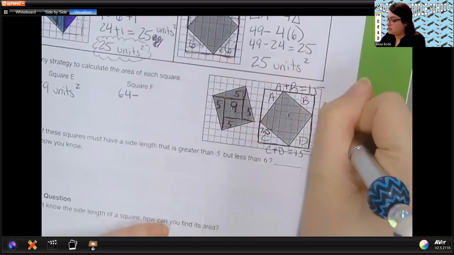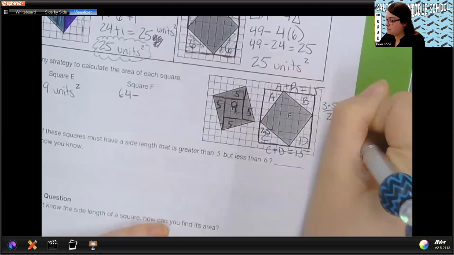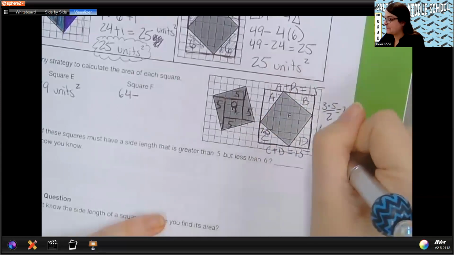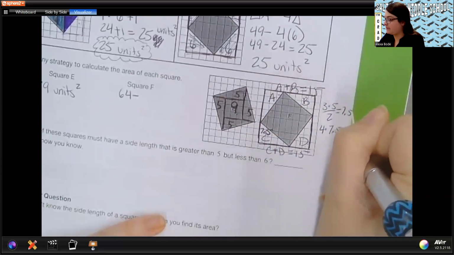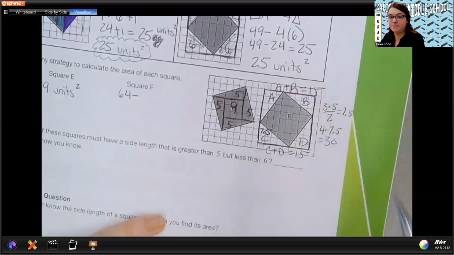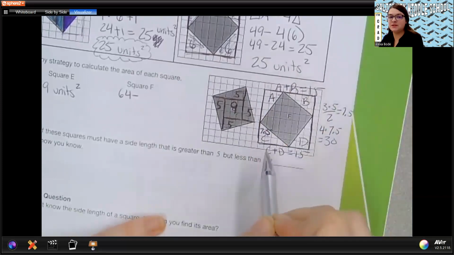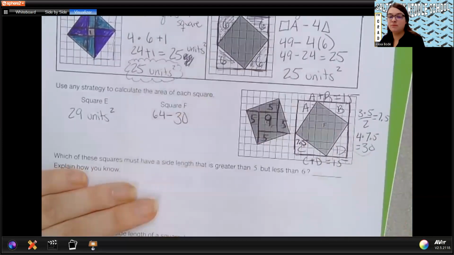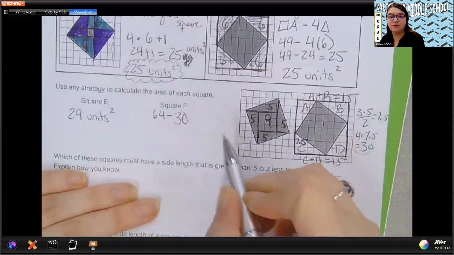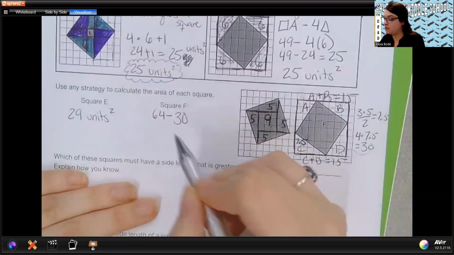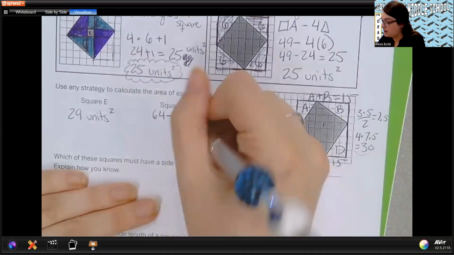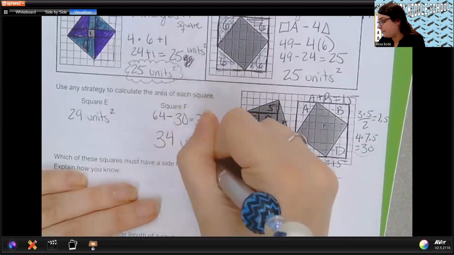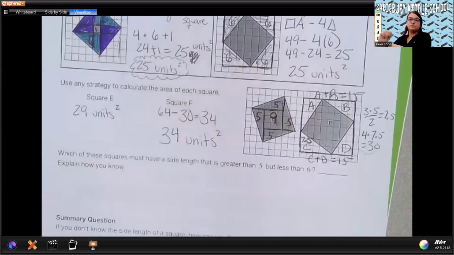So we did 3 times 5 divided by 2 equals 7.5 for each of these triangles. 4 times 7.5 equals 30, which is the A plus B plus C plus D equals the 30. I hope that didn't confuse anyone. But the 4 triangles together are 30 units squared. So 64 minus 30 equals 34. So the area for square F is 34 units squared.